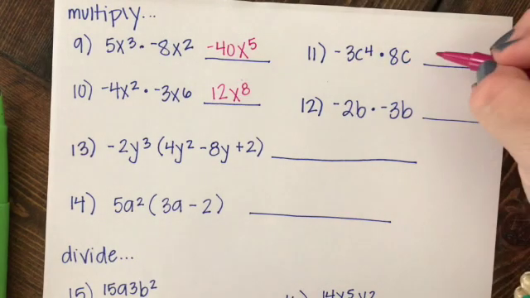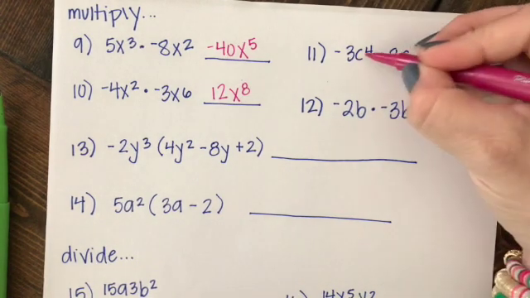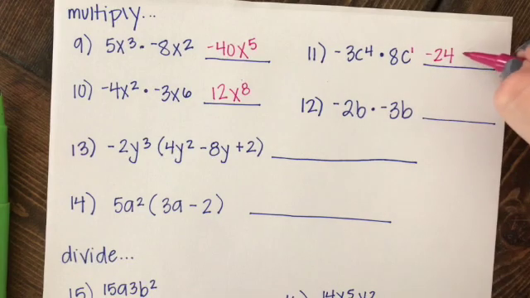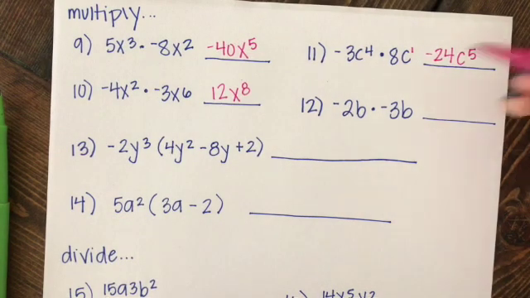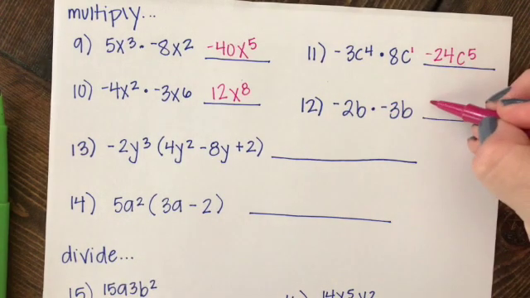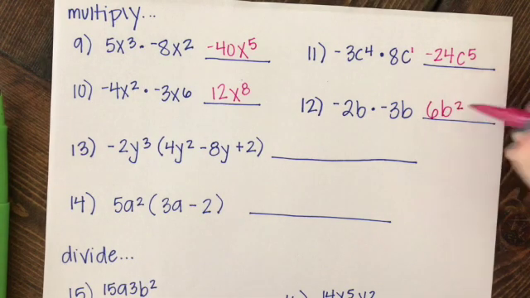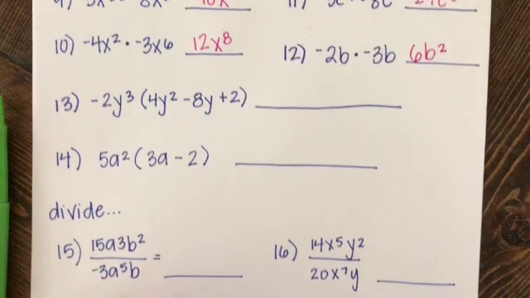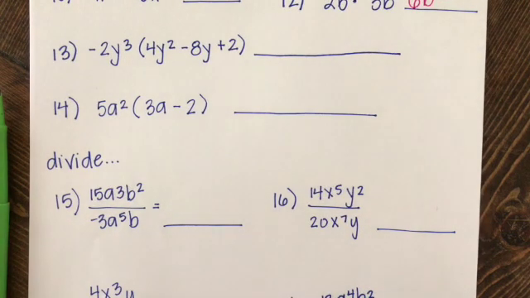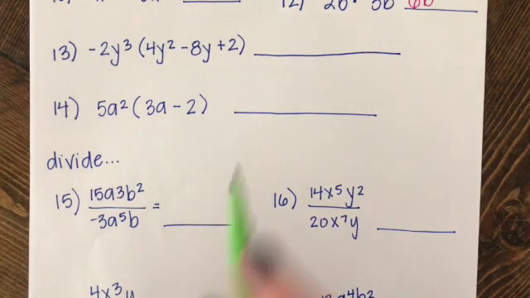Negative 3 times 8 is negative 24. C to the 4th times c to the 1st is c to the 5th. Negative 2 times negative 3 is positive 6. B times b is b squared. And then we're essentially doing the same thing down here, but we're going to use the distributive property.